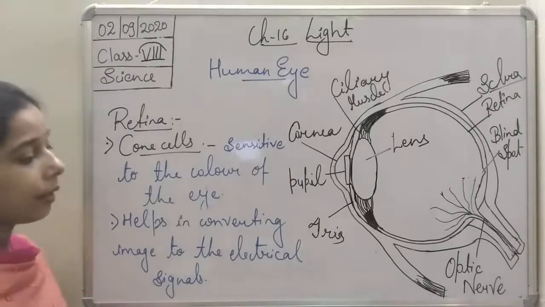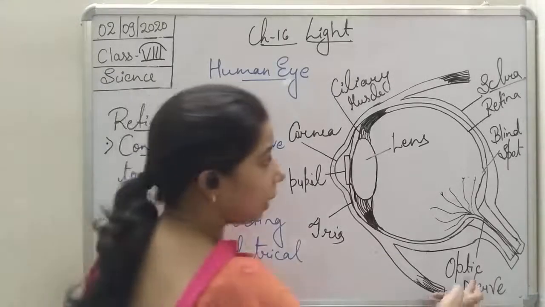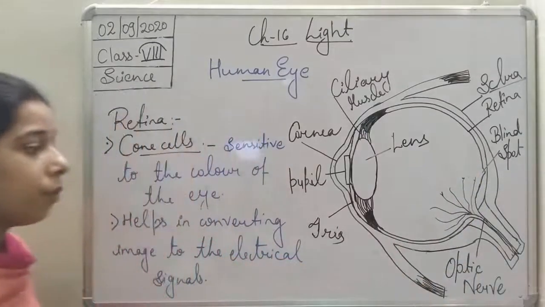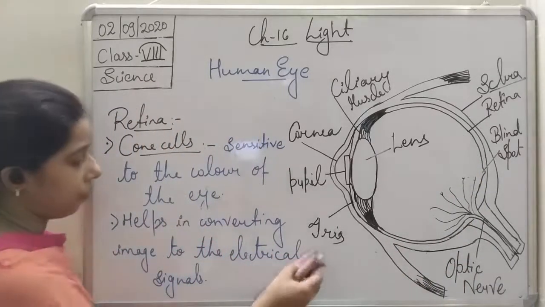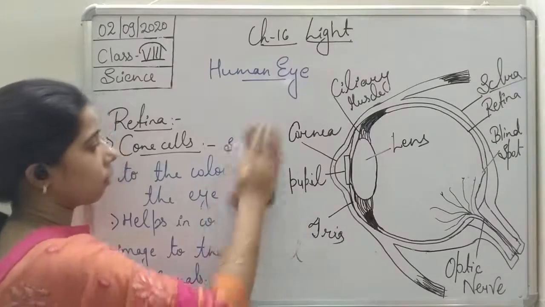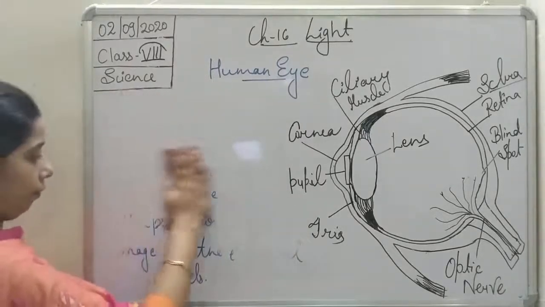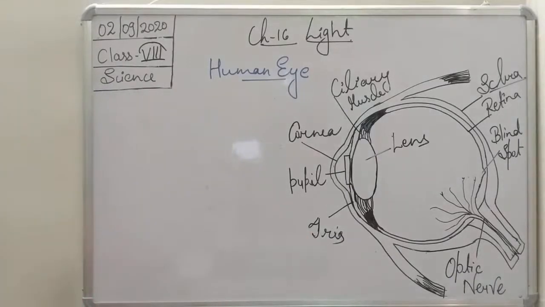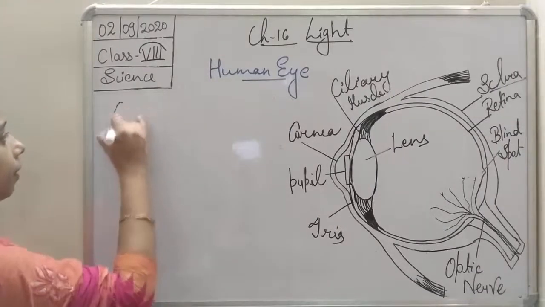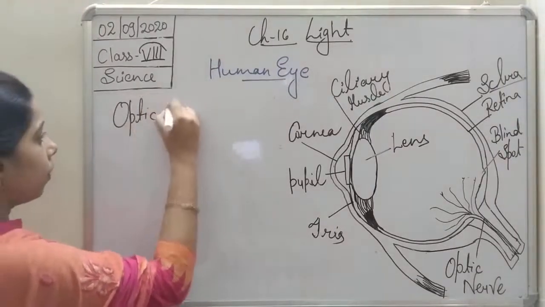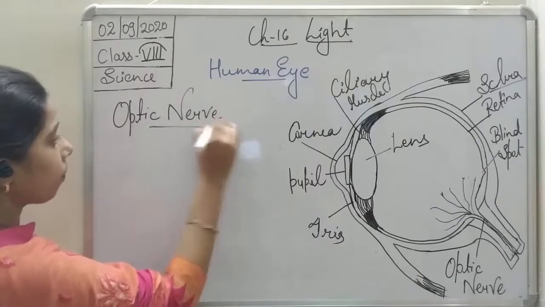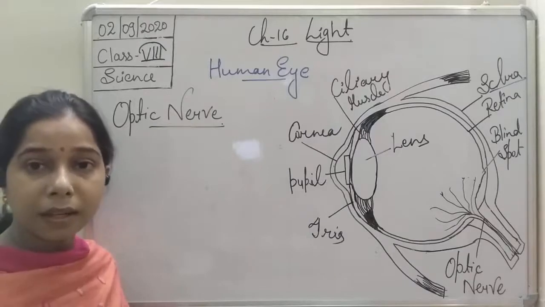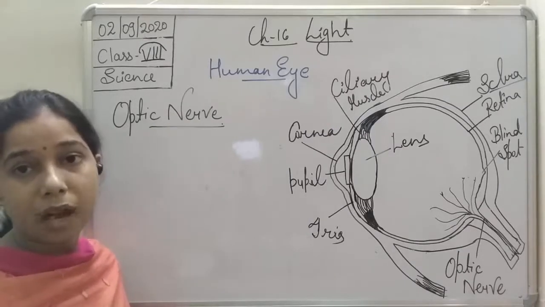Now we will move to the next one, students, and that is the optic nerve. You can see here, students, this is the retina and this one is the optic nerve. Now the optic nerve is also present behind the eye.